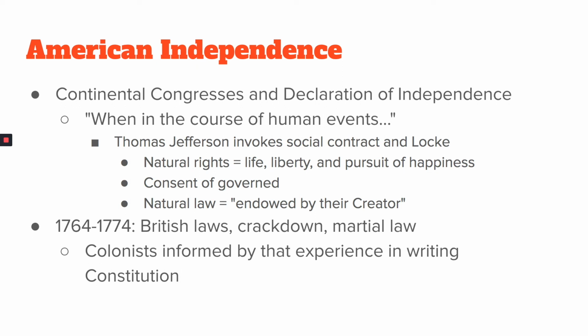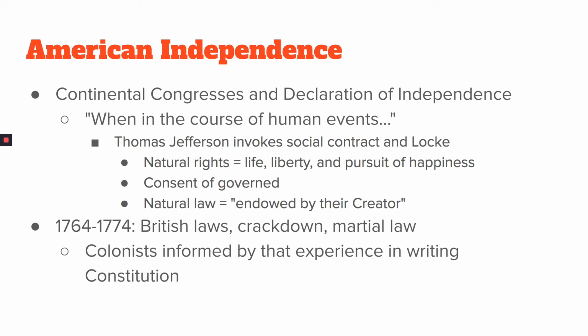Now, flash forward when we get to the events leading up to the American independence, which begin with a backlash against taxes imposed after the French and Indian War, starting in 1764, and then spiraling into more resistance, and then kind of a reciprocal harsh crackdown by the British.